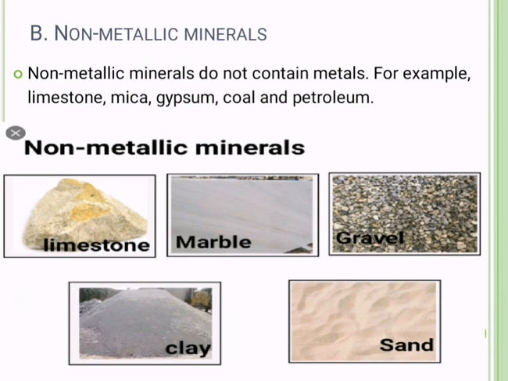And the metallic minerals are classified into two: ferrous and non-ferrous. Ferrous means the metals or minerals which contain iron. And non-ferrous means the minerals or metals which do not contain iron.